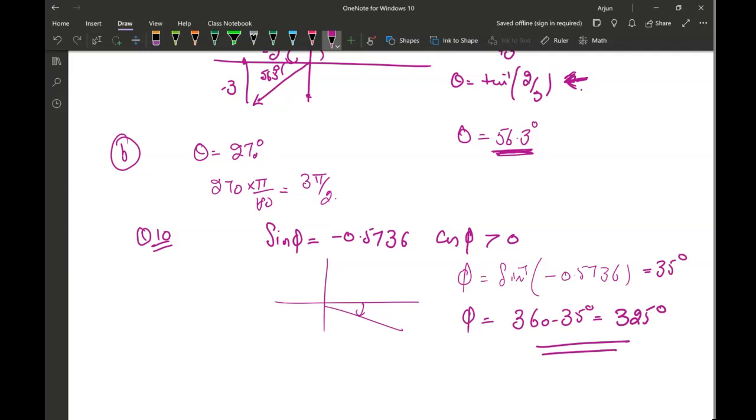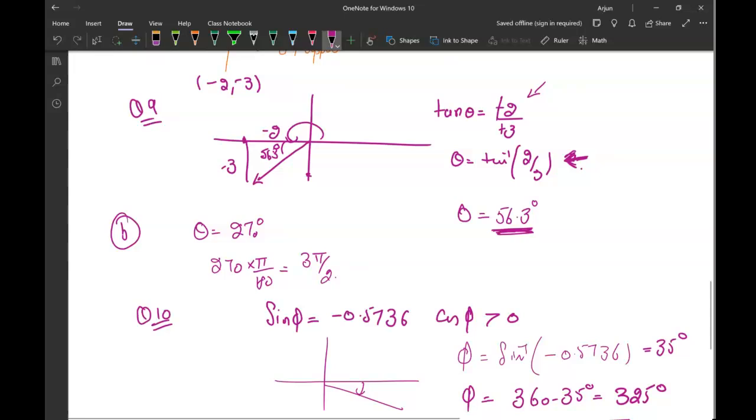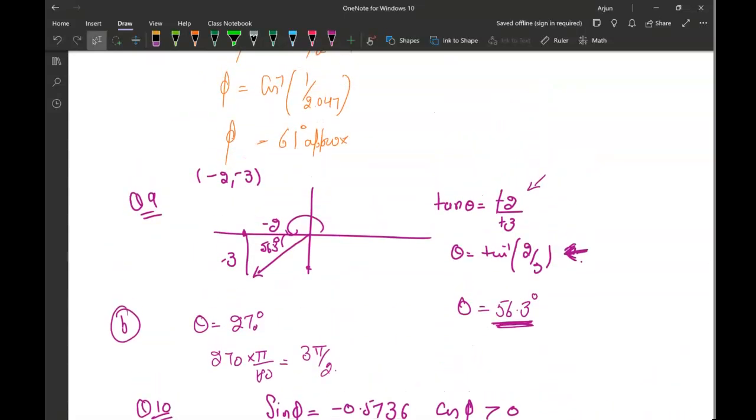Hopefully you were able to understand how I'm going to solve this question, but I'm going to stop here for a second and quickly recheck all those numbers. If I check the numbers, second function, tangent inverse, 2 divided by 3, whoa, 3 divided by 2 I should have written here.